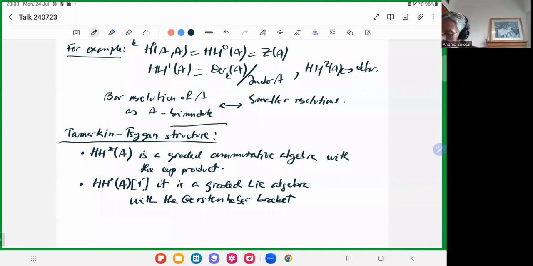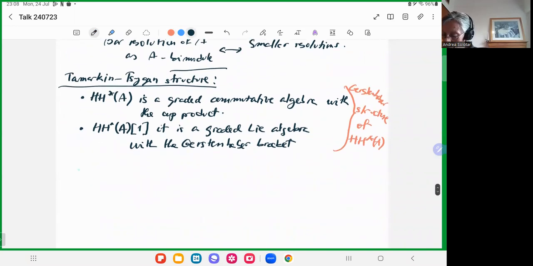These two things together are what is called the Gerstenhaber structure of the Hochschild cohomology of an algebra. So this is only with respect to cohomology. But then we have the Hochschild homology, and the Hochschild homology of A is a module over the cohomology.